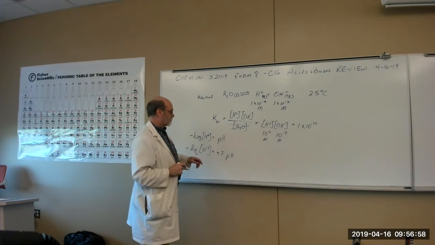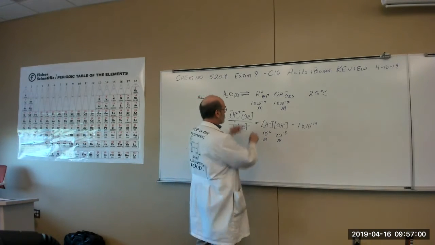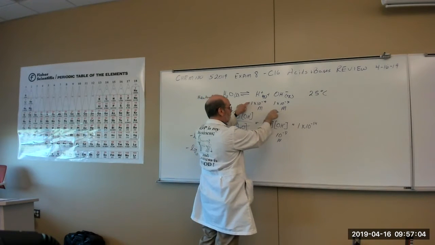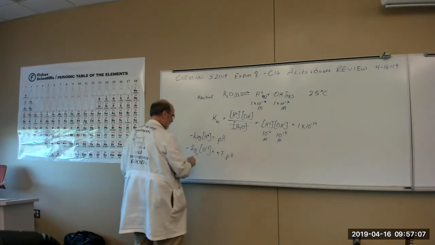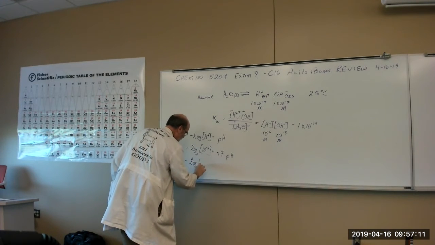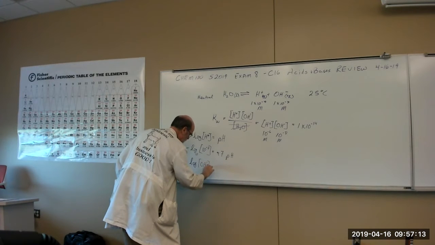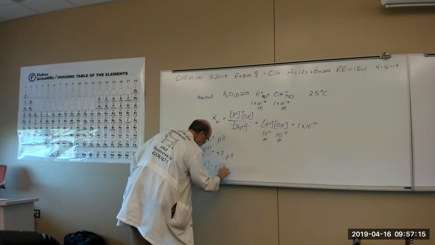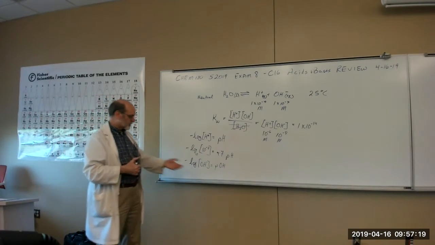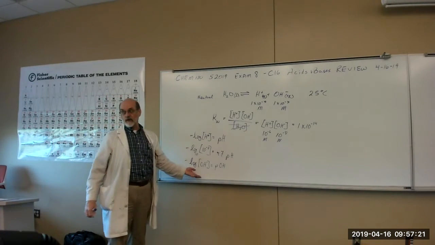So that means that in this case, a pH here would be 7, and a pOH, you can do the same thing. The negative log of hydroxyls is pOH. Okay? It's just a math manipulation. That's all it is.